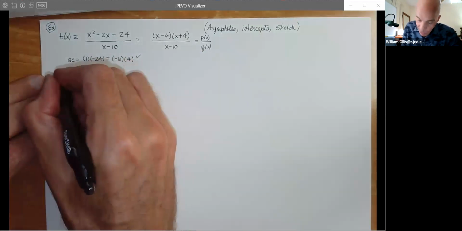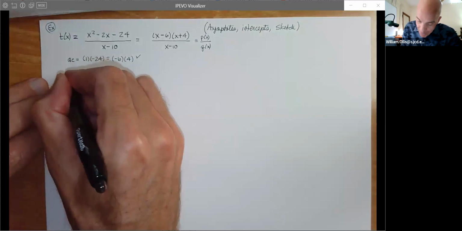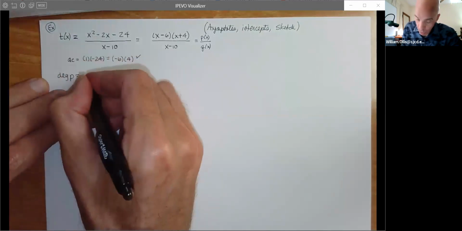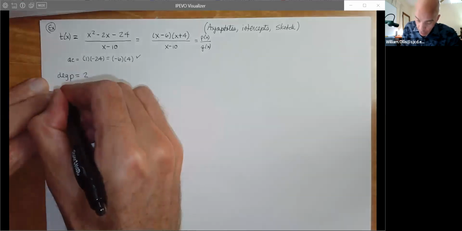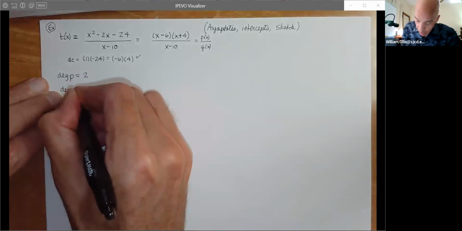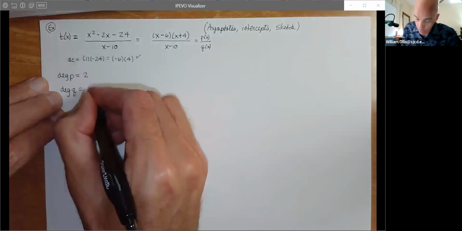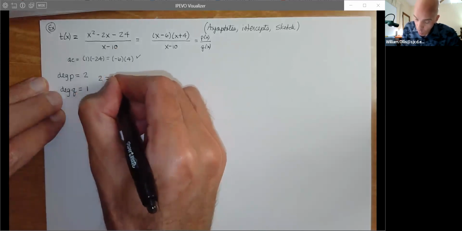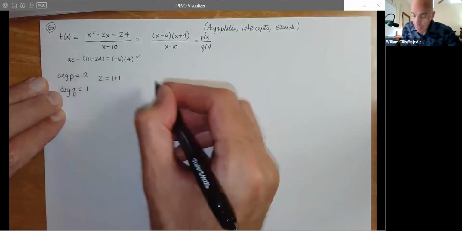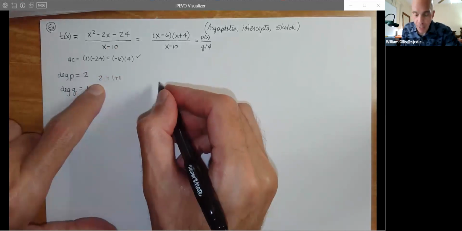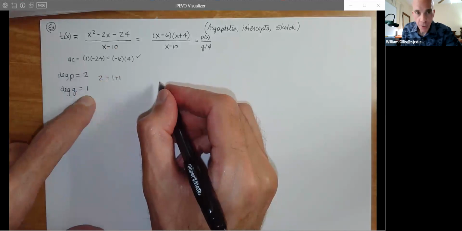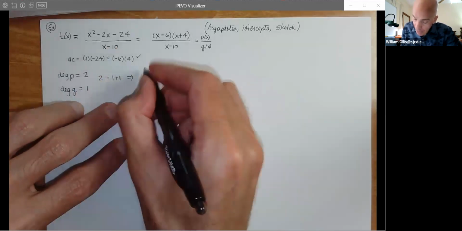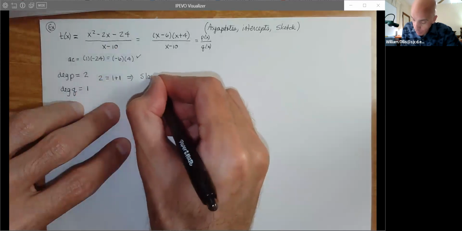And then we say the degree of P is clearly 2. The degree of Q is clearly 1. So we say 2 equals 1 plus 1. That is, the degree of P is 1 more than the degree of Q. So this implies slant asymptote.